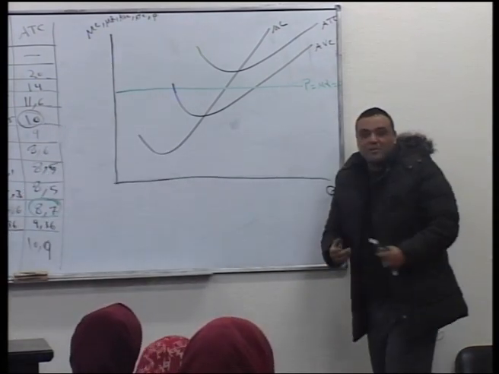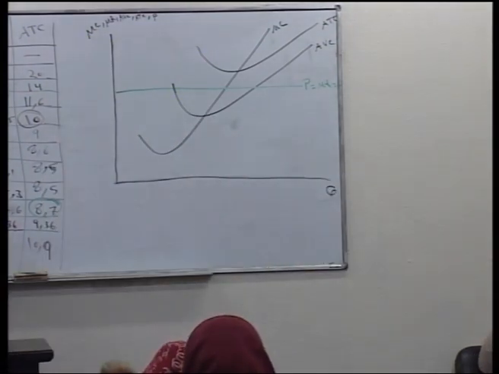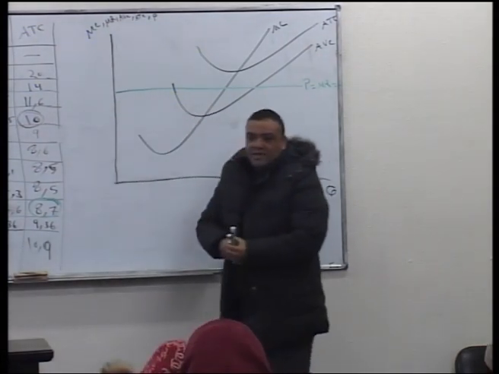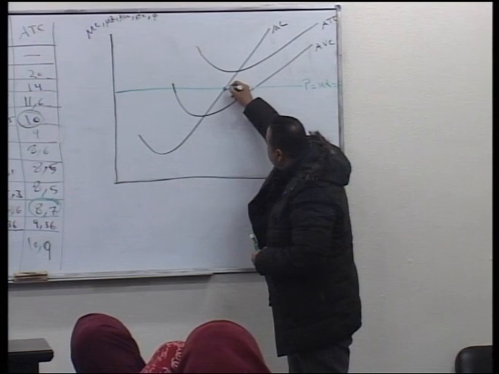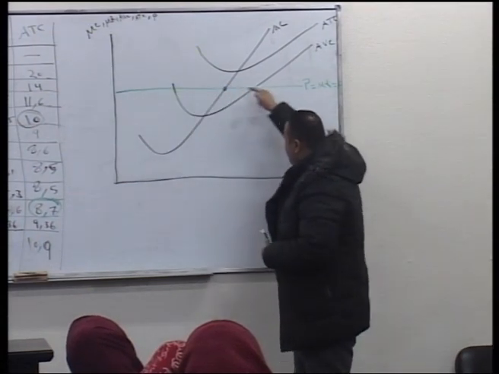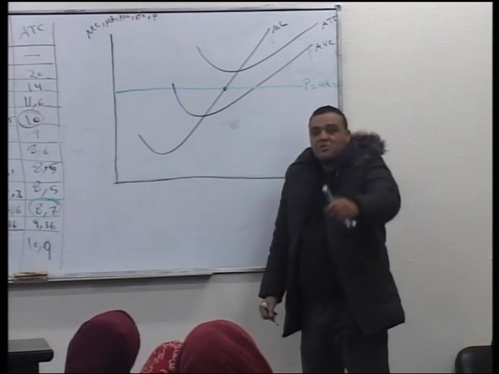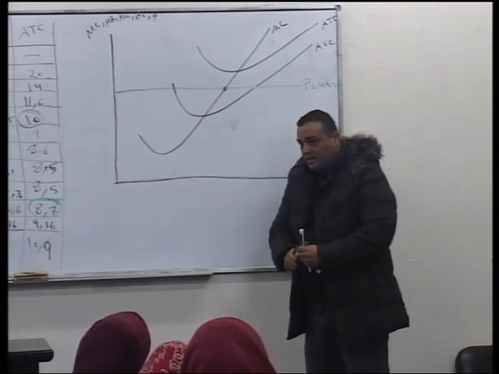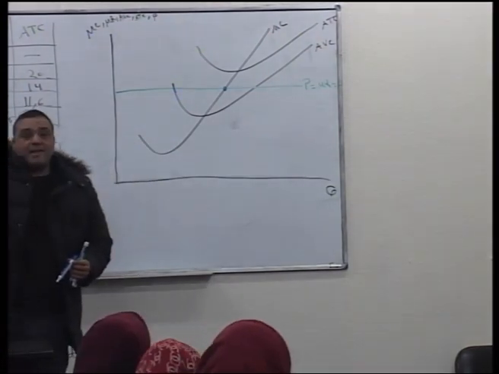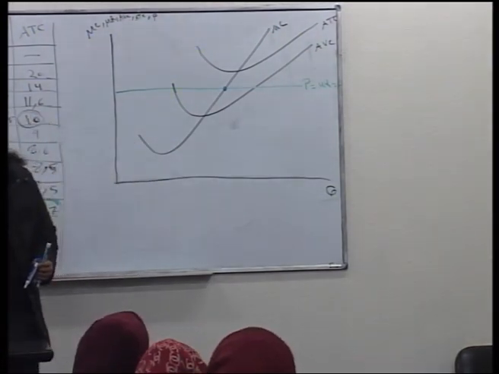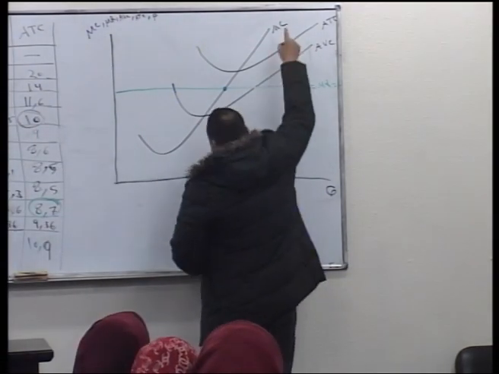Here, where's the equilibrium point? The equilibrium occurs when marginal revenue equals marginal cost. At this point here, marginal revenue equals the marginal cost, and the marginal cost is increasing. The condition is that the best point is at the point at which marginal revenue equals the marginal cost and marginal cost is increasing.